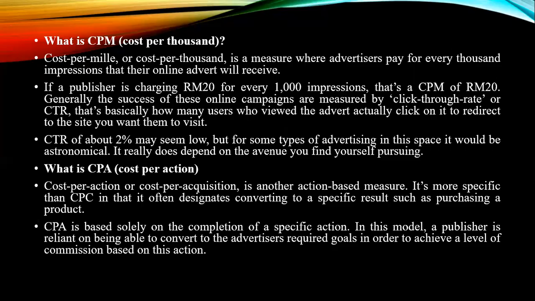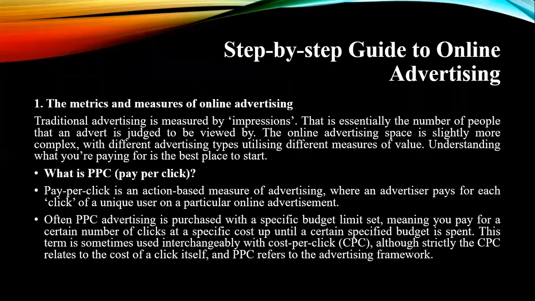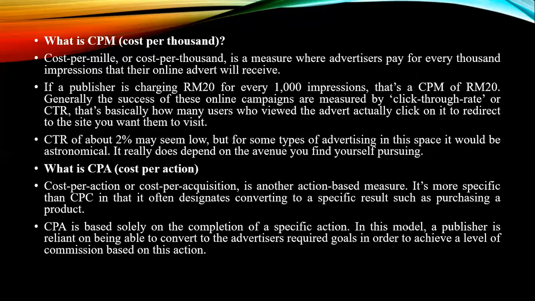Then cost per action, which is nothing but acquisition again: whether the customers have purchased a product from a website. That is the third aspect under this. So this is the first step: you have to identify the metrics and measures first, either pay per click, cost per thousand, or cost per action.